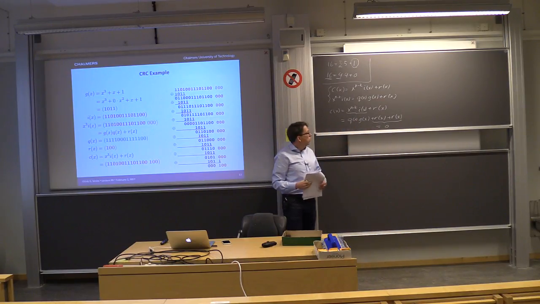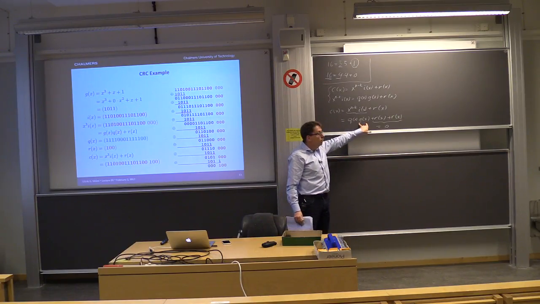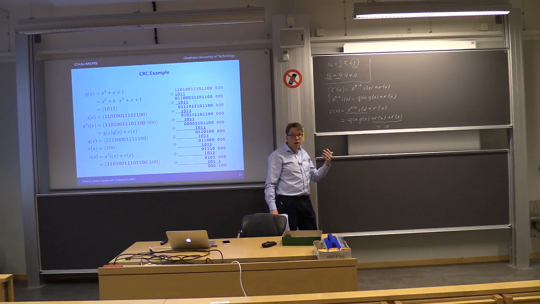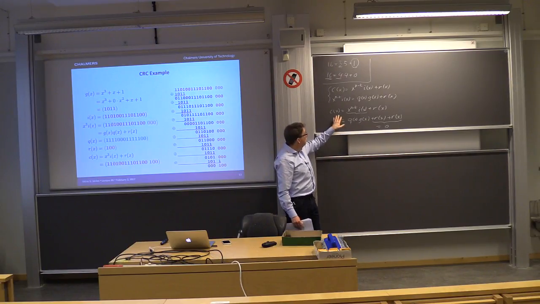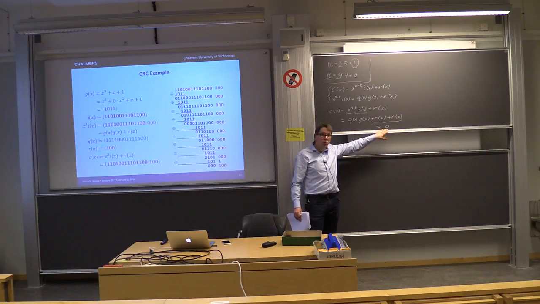So what can we say about the remainder of c when we divide by g? It's the 0 polynomial. So if we want to check whether a polynomial is a code word or not, we simply divide by g and check whether the remainder is 0. If the remainder is 0, the polynomial is a code word.